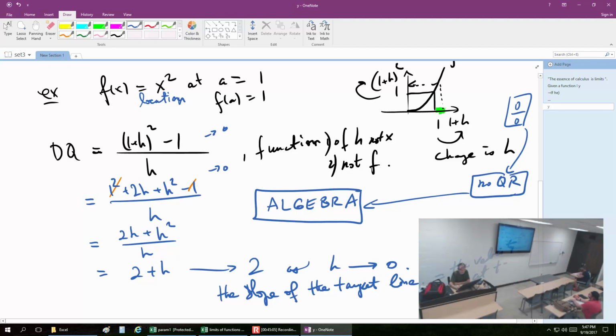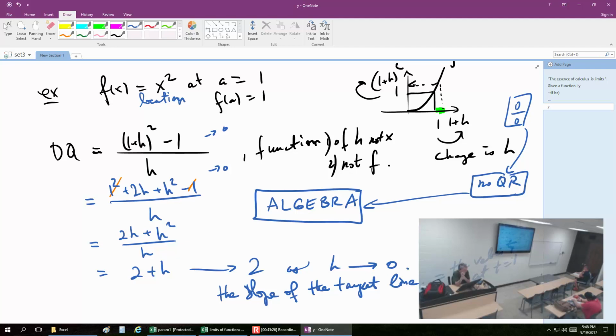Velocity at time 1. So after 1 second, what's your velocity? It turns out to be 2 feet per second. So that's the place to go, once again, to get something tangible behind these new abstract concepts.